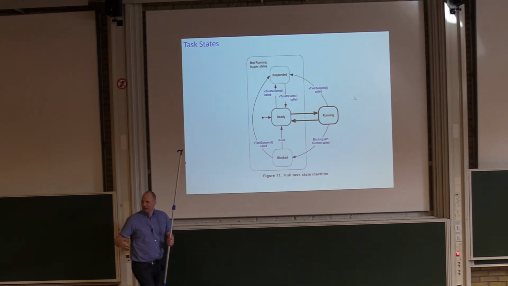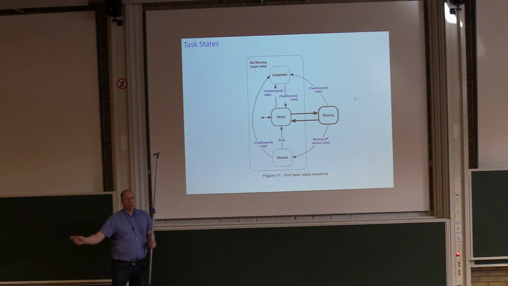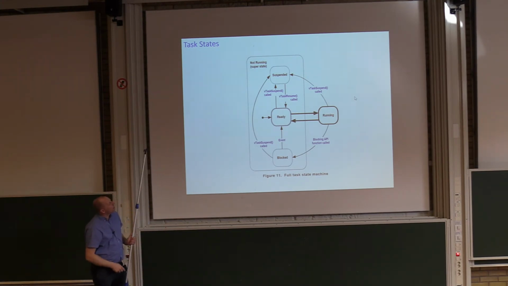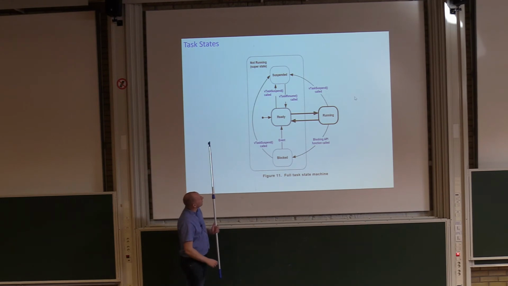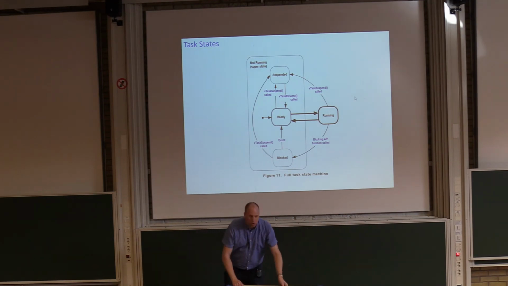So basically say, okay, for some time I don't want to execute at all, and then some other thread can start that other thread again at some later point in time. So yeah, we will come back to this state machine and discuss it in more detail.